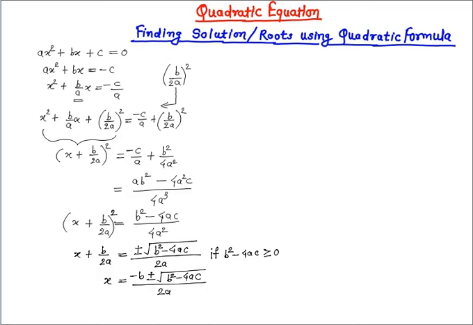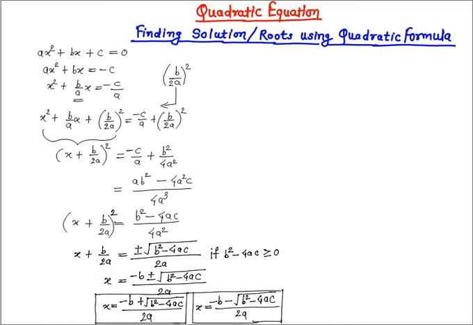So what are the roots of this quadratic equation? x equals to minus b plus square root of b square minus 4ac divided by 2a, and x equals to minus b minus square root of b square minus 4ac divided by 2a. These are the roots of the quadratic equation ax square plus bx plus c equals to 0.